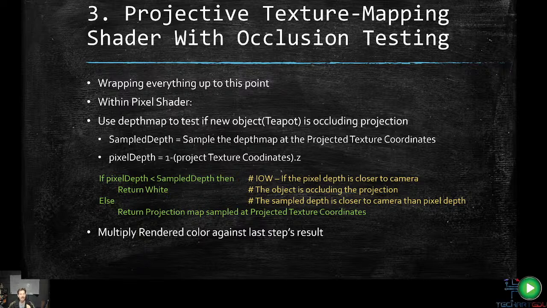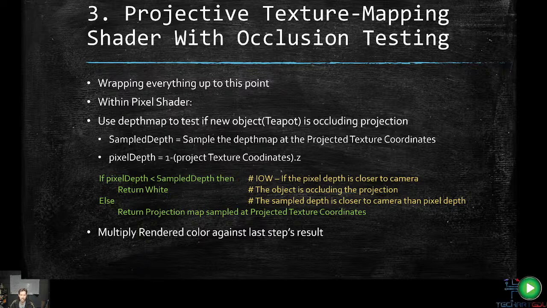However, if our pixel depth is greater than our sample depth, then that means the sampled object is closer to the camera than the pixel depth. And so we're just going to render the actual contents of that original projected texture. That original projected texture, I kind of cheated.